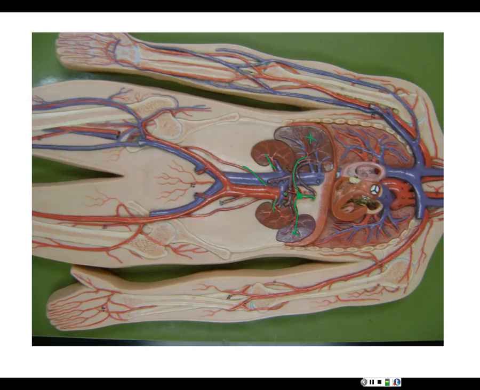The fourth branch is also paired, these small, skinny, shoestring-like arteries, which are the gonadal arteries. In the female, they would go into the pelvis. In the male, they would go outside of the pelvis to reach the testes. The fifth branch off the abdominal aorta is called the inferior mesenteric, and on your model, it only appears as a single branch on the left side.